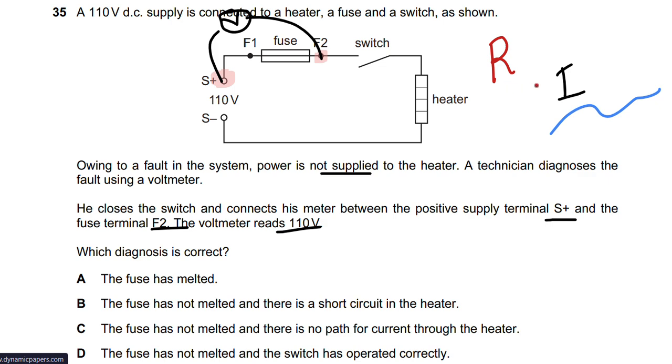The current is not able to flow properly, and therefore there's a lot of work done by the unit of charge. There's extremely high resistance, and your current is not able to flow. So in this scenario, you're seeing that the entirety of the 110 volts is seen in this part of the circuit. The heater is not getting any potential drop.